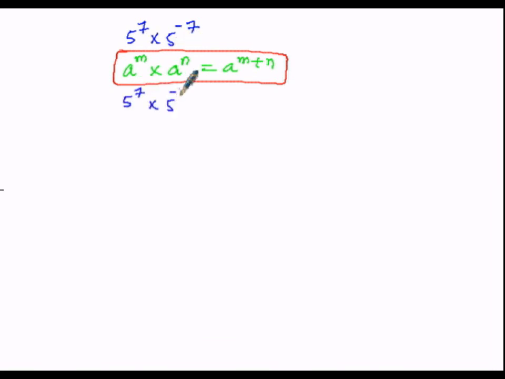When we compare, here a is 5, m is positive 7, and n is negative 7.